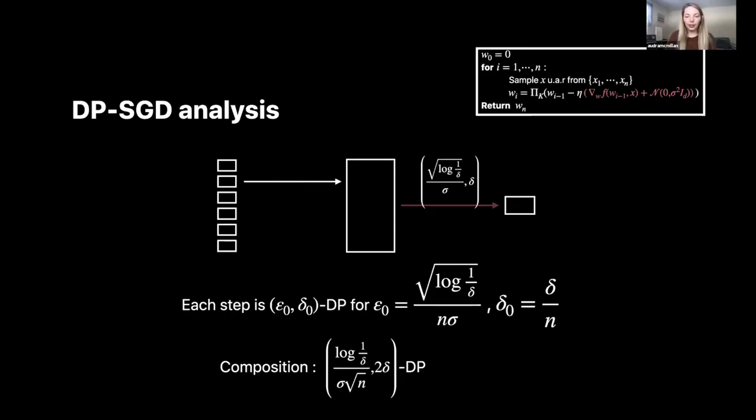So now, if I substitute in epsilon_0 and delta_0, I get this privacy guarantee: log 1 over delta over sigma, square root n.